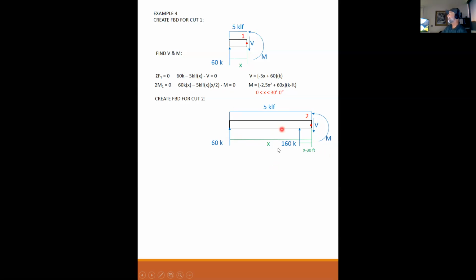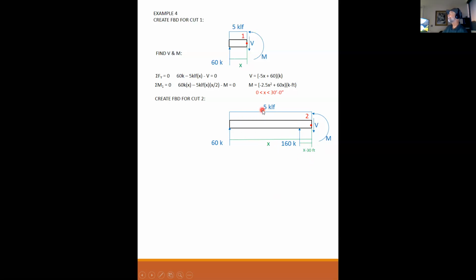So I have now 60 kips, and I have 160 kips at 30 feet away. The distance from 60 is X. The distance from 160 is X minus 30. We don't know where X is, so we can't define it any better than just that this distance is X minus 30 feet.